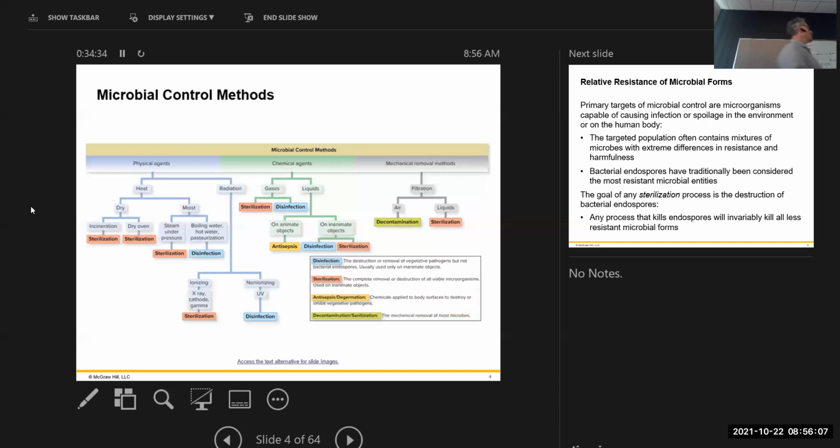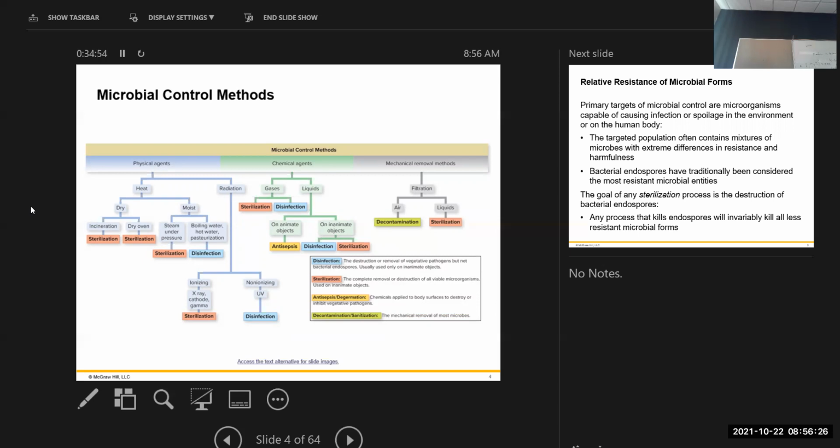Your book gives this table, this little picture. This is a really useful table. So if you ever get stuck with this, just take this table. It's color coded. Each one of these that say sterilize, they kill everything.